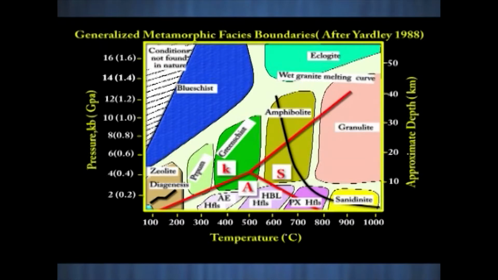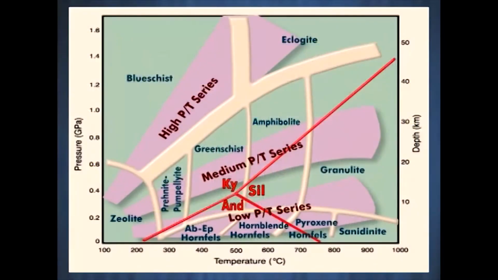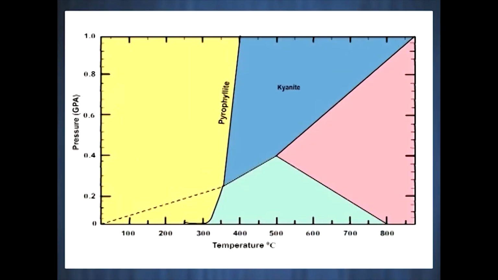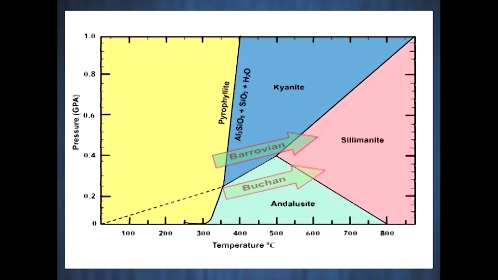First, a zeolite, prehnite-pumpellyite, blueschist, eclogite type. Second, a typical Barrovian type characterized by kyanite to sillimanite type. And third, an Abukuma type of greenschist to amphibolite, granulite characterized by the paragenesis of andalusite-sillimanite type.